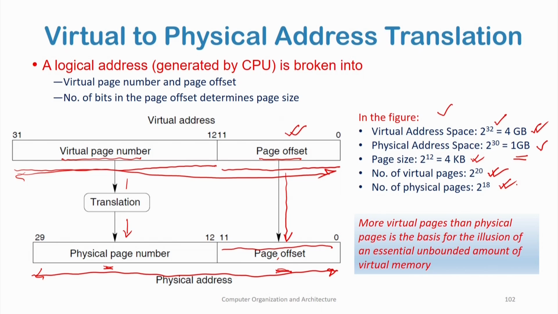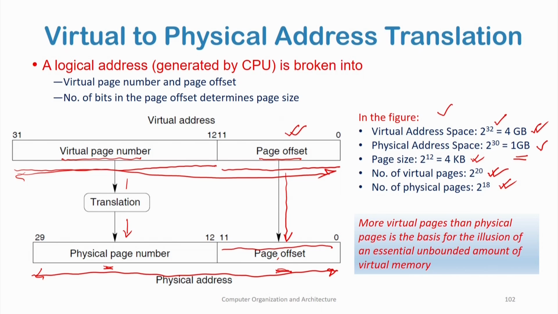So, more virtual pages than physical pages is the basis of the illusion of an essentially unbounded amount of virtual memory. Now, the virtual memory can be as big as the address bus that I have. If I have a 64 bit address bus in a 64 bit computer, then the virtual address space can be as large as 2 to the power 64.